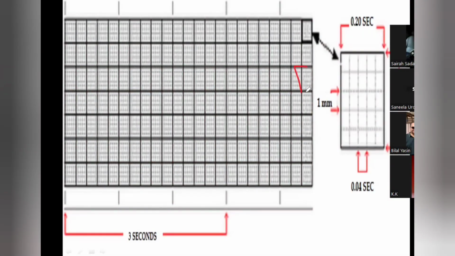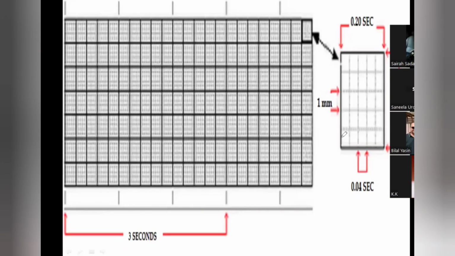There are large boxes, as you can see. These are the large ones, and then there are the smaller ones. This one large box has 5 small boxes, or you can say this large square has 5 small squares. Each small square is about 1 mm in size, in width and height.